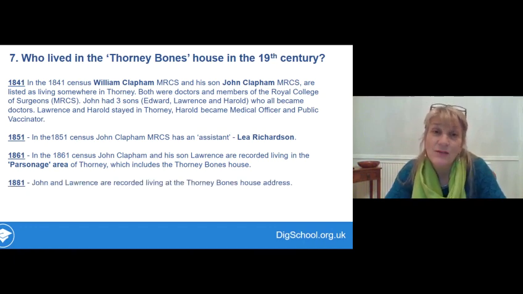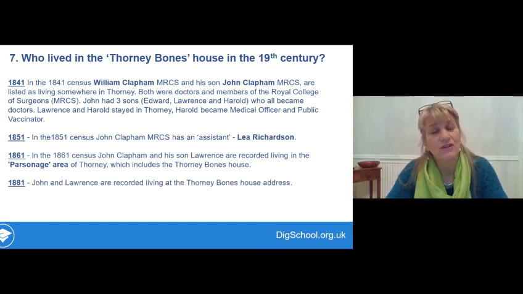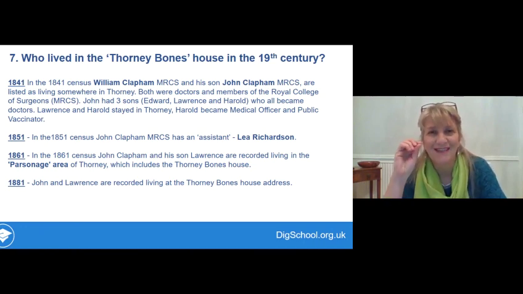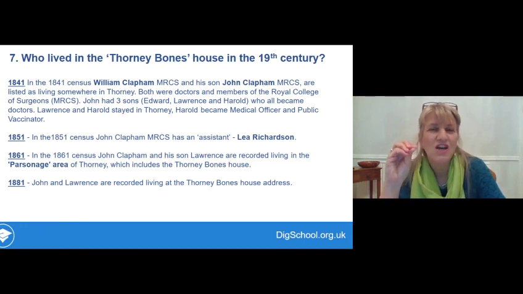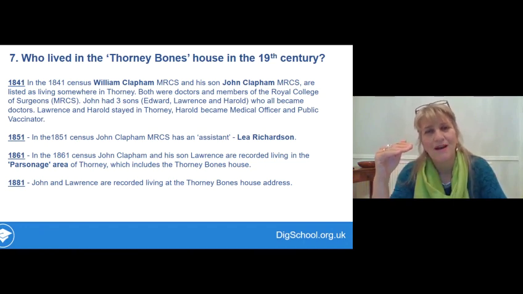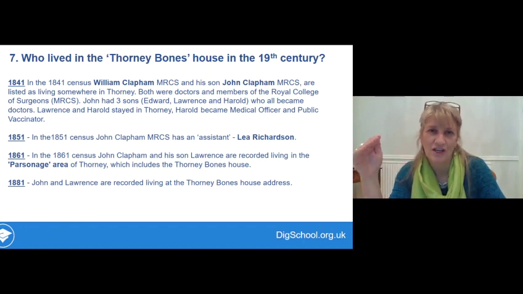By 1881, John and Lawrence Clapham are recorded as living specifically at the named Thorney Bones house address. So we know that family of doctors are living in the house where those bones turned up by 1881, and they've probably been there for the previous 2 or 3 generations.